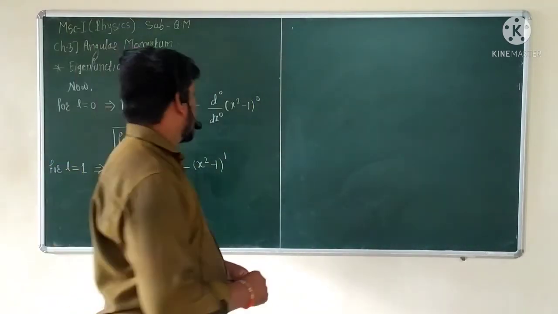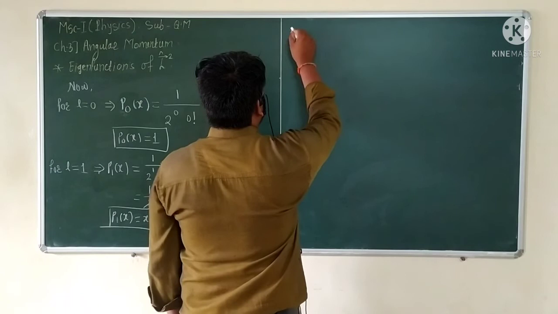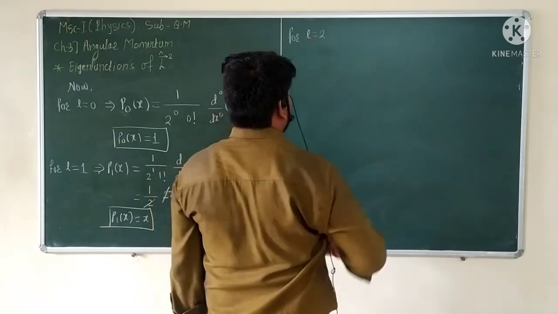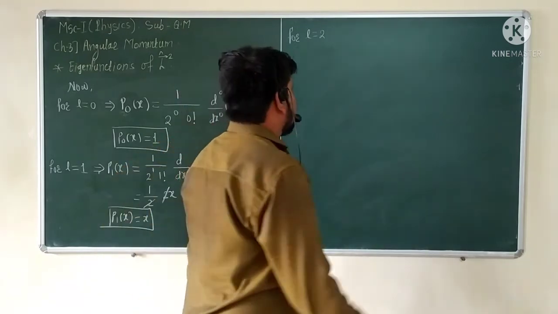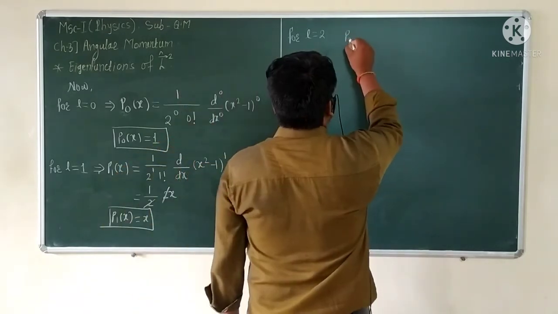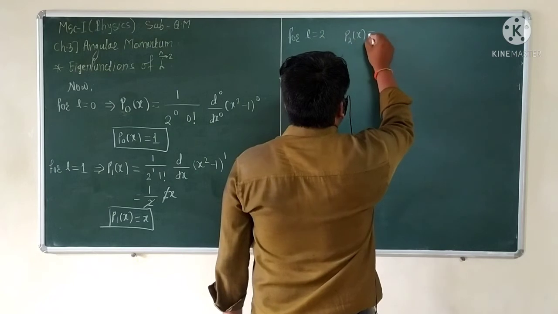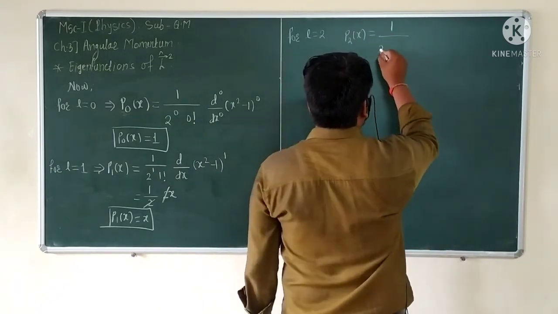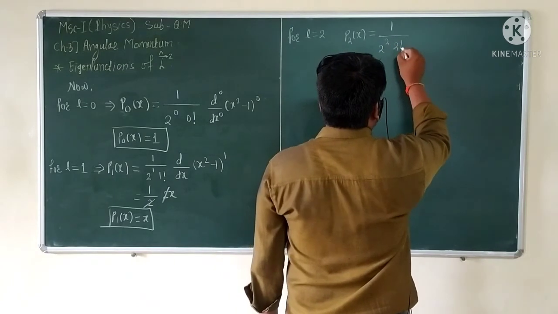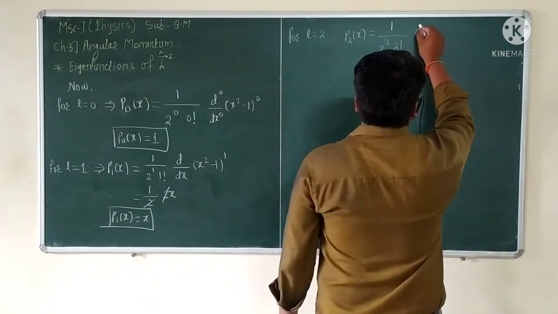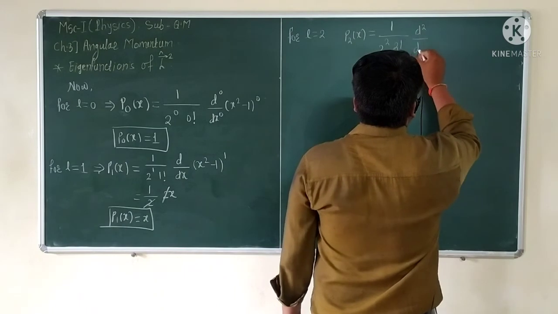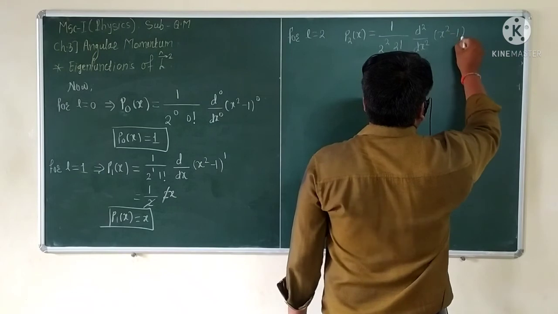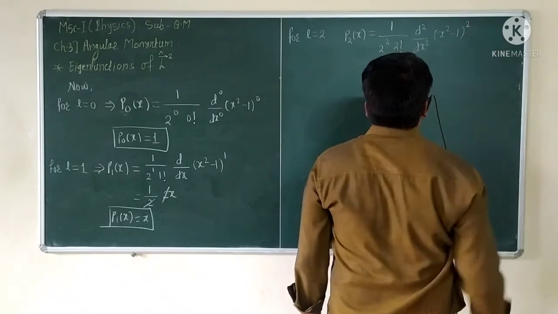Okay, for L is equal to 2. The Legendre polynomial P2 of x is equal to 1 upon 2 power L, so that is nothing but 2 power 2 into 2 factorial into d2 divided by dx square of (x square minus 1) whole power 2.